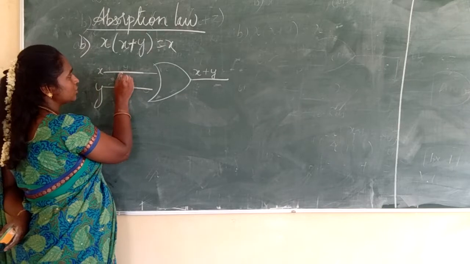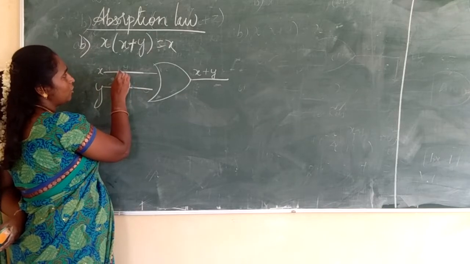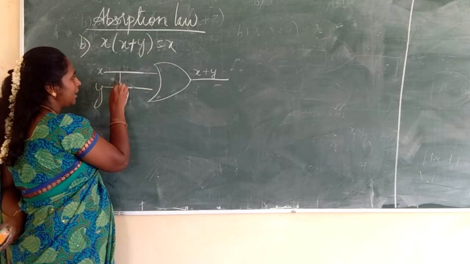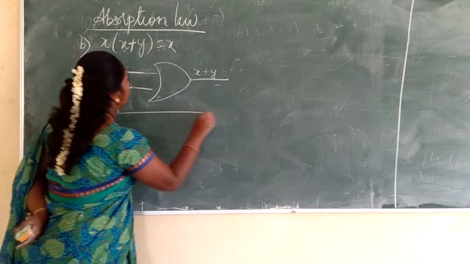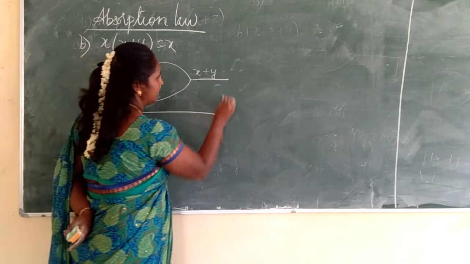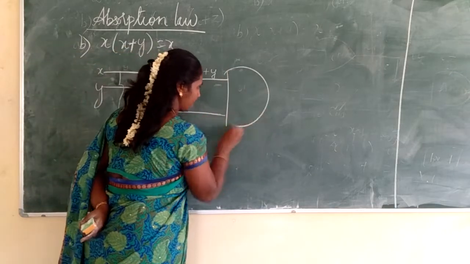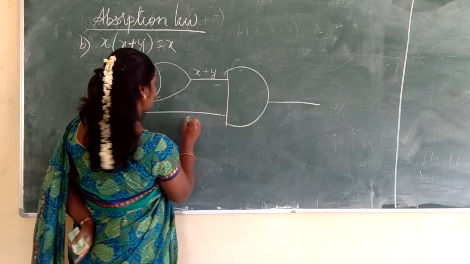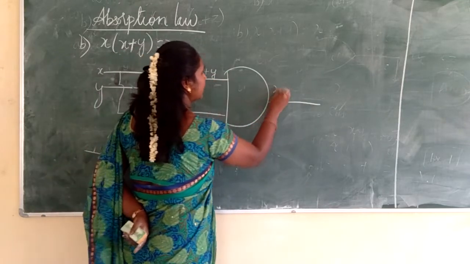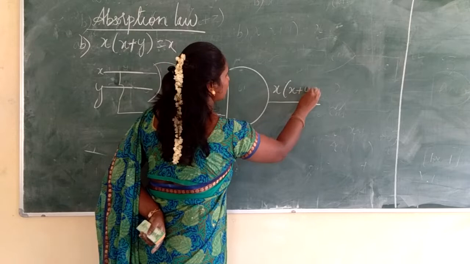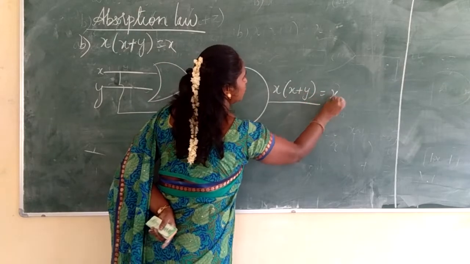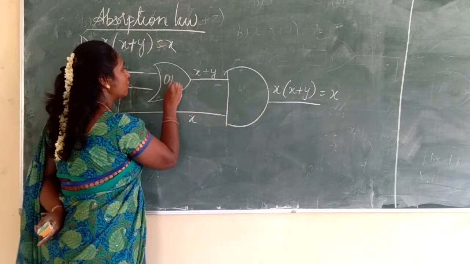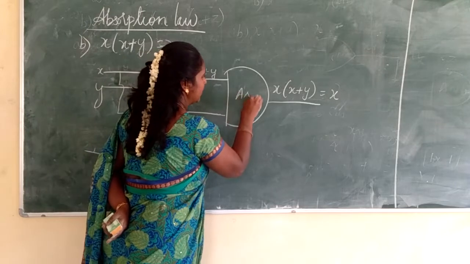Then this should be ANDed with your x. Use an AND gate. This is your x plus y, that is x into (x plus y). The result should be equal to x. I am using one OR gate and one AND gate.